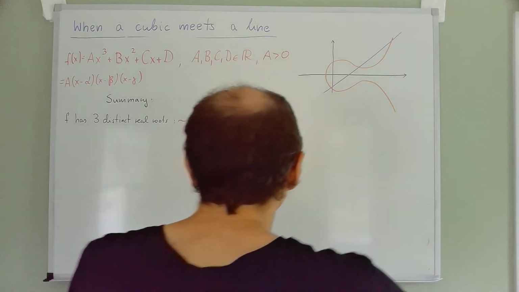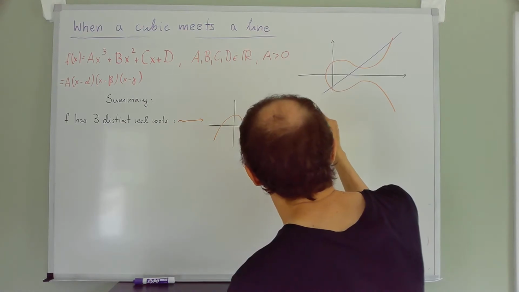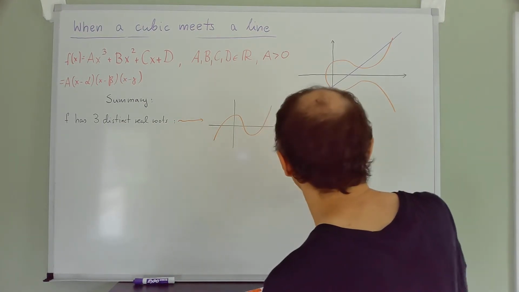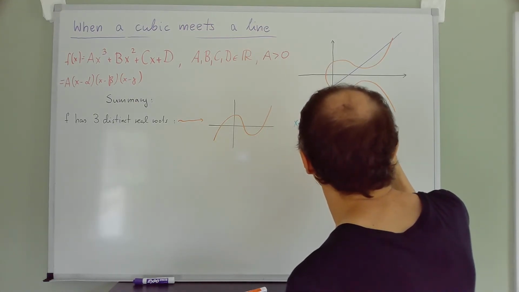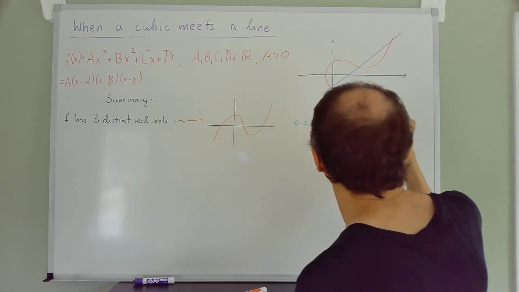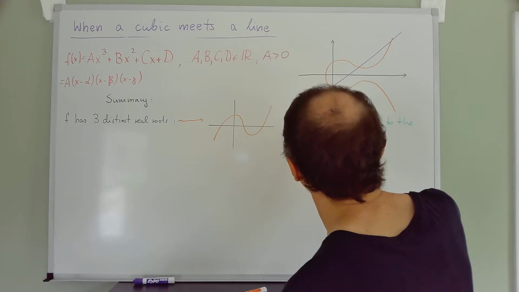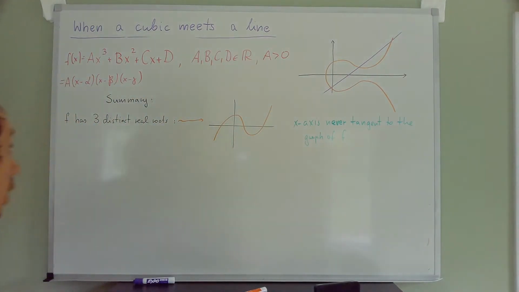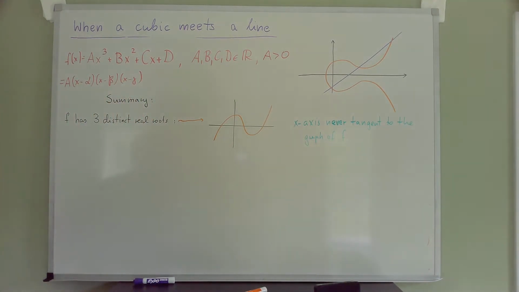So in words, the x-axis is never tangent to the graph of f. Again, I encourage you to compute the derivative using the product rule like I did for the other one, and you will see that it's not 0.